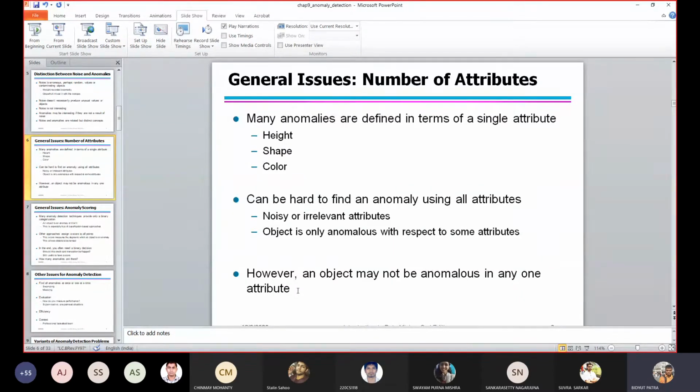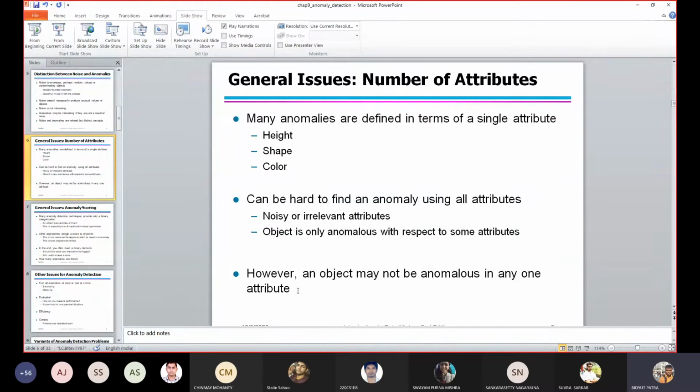If you are asked to find the anomalous guys or the outlier events, say the height of students in a class, and someone's height is quite lower or higher than the average, then obviously you can easily identify.